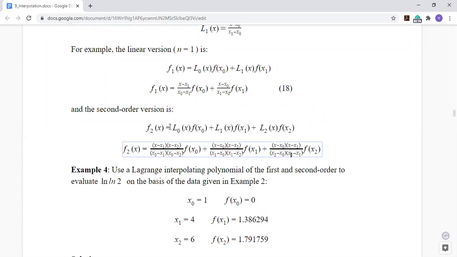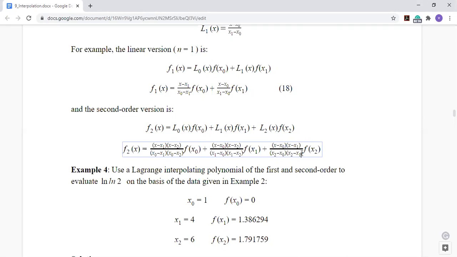For L0, you have x0, x0. Then the other expressions are 1 and 2, 1 and 2. Since this one is 0, the others are 1 and 2. For L1, since you have x1 here and x1 here, the others are 0 and 2. For L2, since you have x2 here and x2 here, the others are 0 and 1.